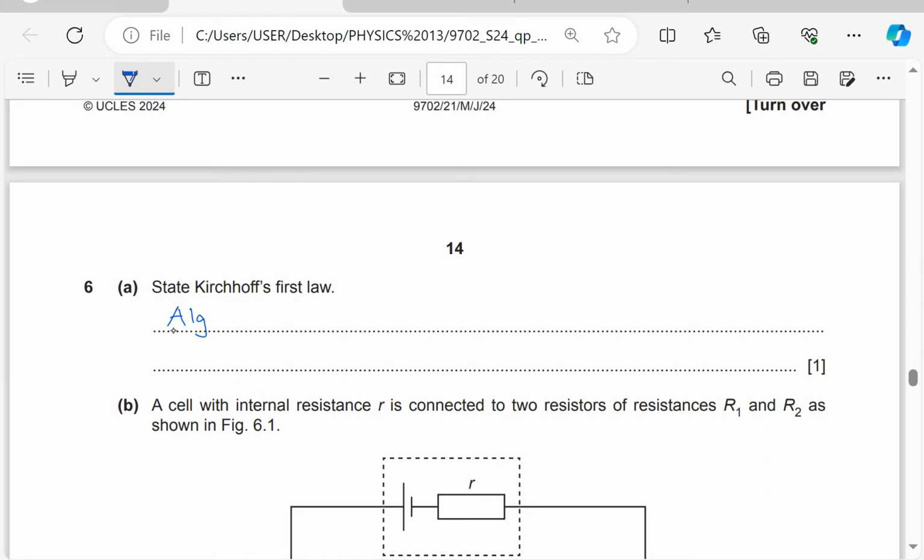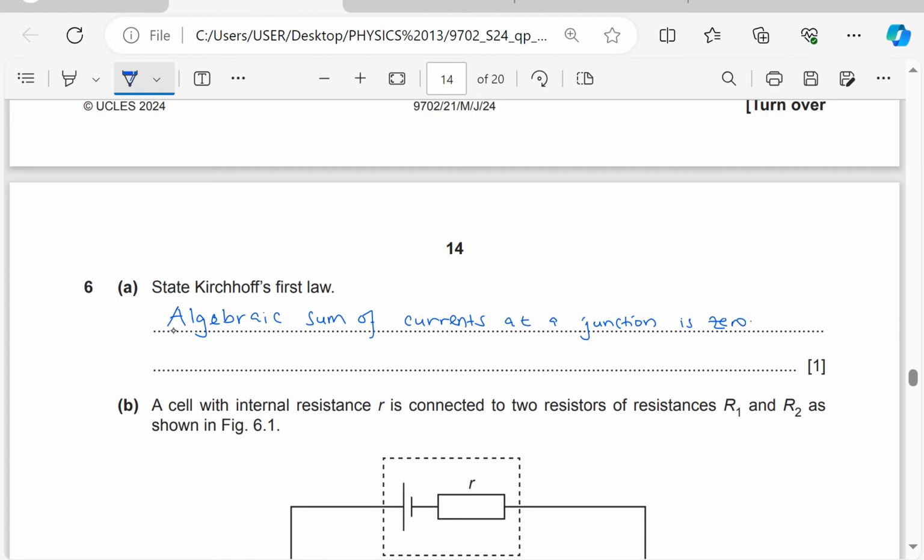So: the algebraic sum of currents at a junction is 0.